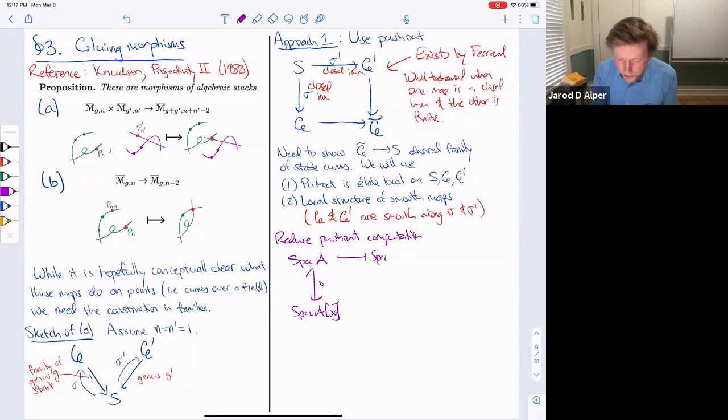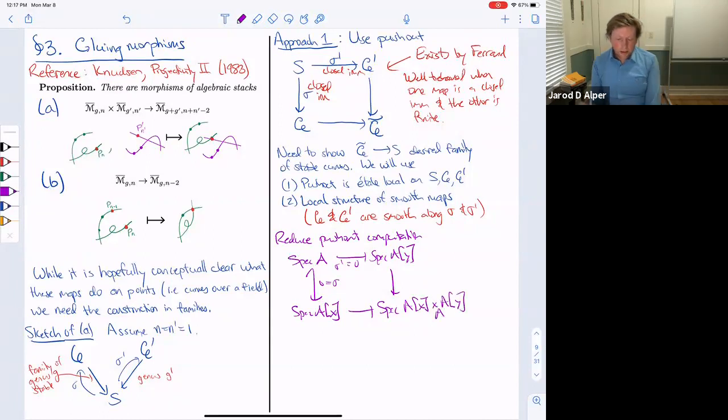So here A would be your base S, and we need to compute this push out, where sigma and sigma prime are given by x equals 0 and y equals 0. In the affine case, the push out is just the fiber product of the rings, and this is what you can just compute directly.